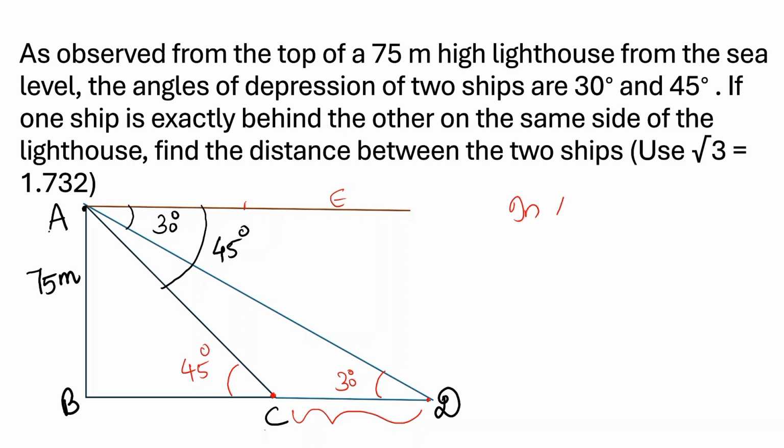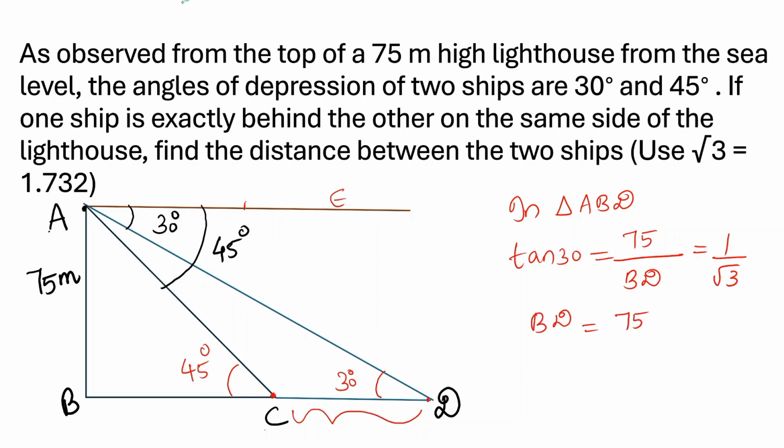So in triangle ABD, what is the clue you get for finding BD? Definitely we can write tan 30. Tan 30 equals opposite side over adjacent side BD. Is it right? And this value is 1 over root 3. So what will be BD?